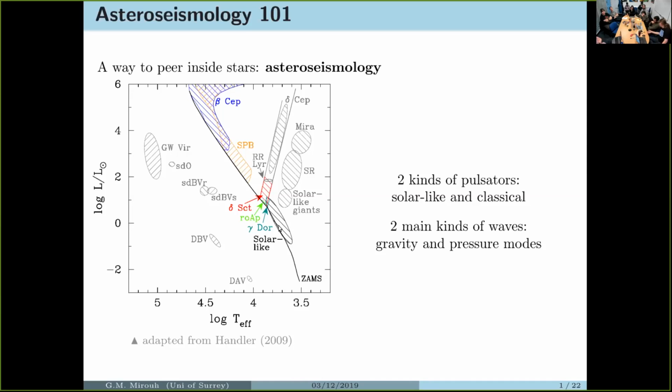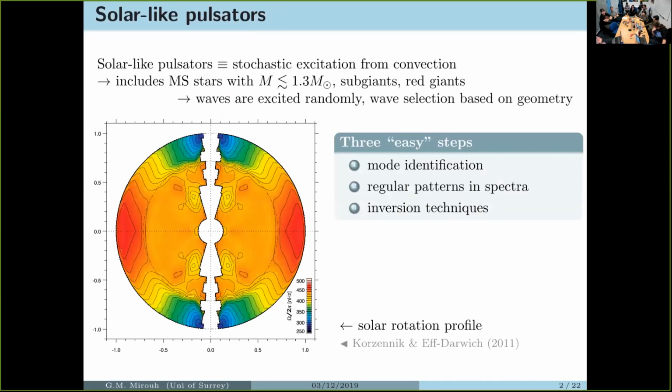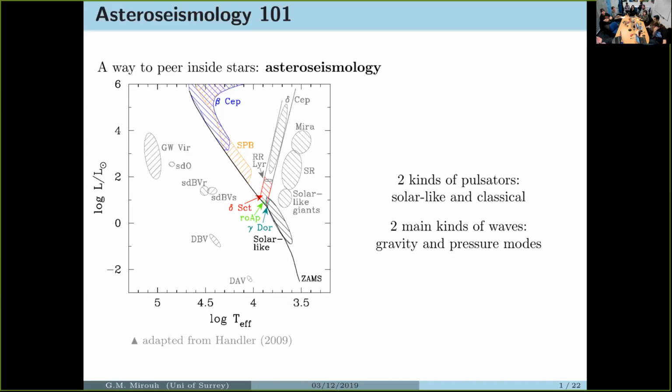So solar-like, and this inclination here for the lines means P modes. The other inclination, like in SPB stars or DBV stars, means gravity modes. I'm going to use G and P modes. Those are gravity and pressure modes. Well, please keep that HR diagram in mind. I'm not going to show it again, but I'm going to refer to these classes.